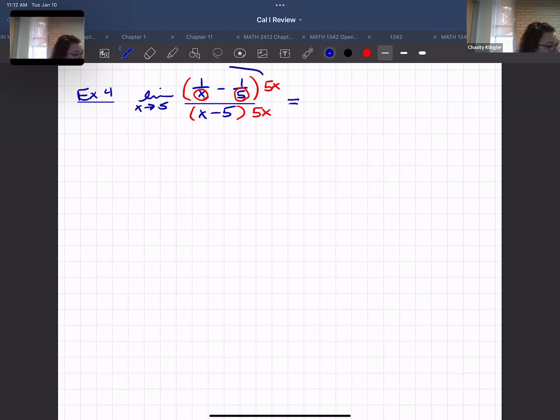Okay, so if I multiply 1 over x times 5x, what's that leave me with? Just 5. And then the same thing here. If I have 1 over 5 times 5x, what's that leave me with?